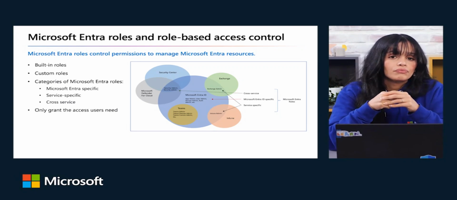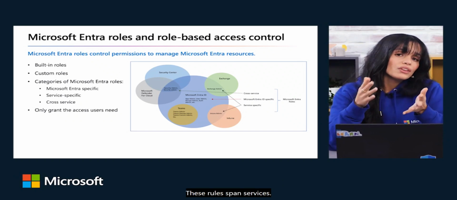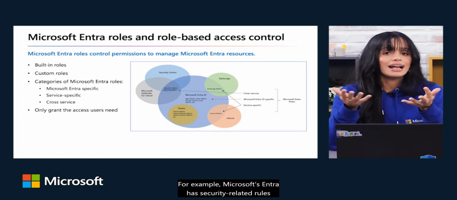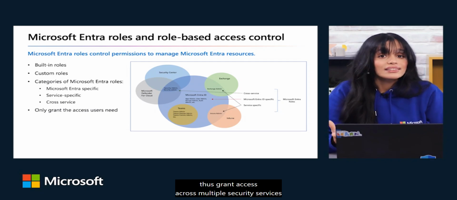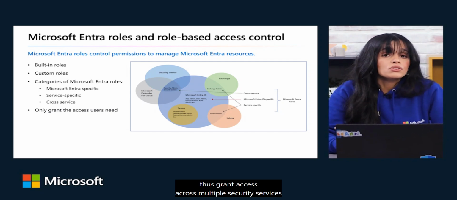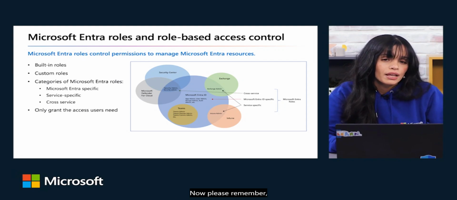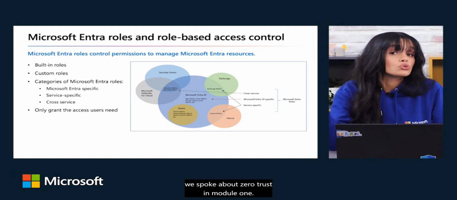Third, we have the cross-service roles. These roles span services. For example, Microsoft Entra has security-related roles, like Security Administrator, that grant access across multiple security services within Microsoft 365.